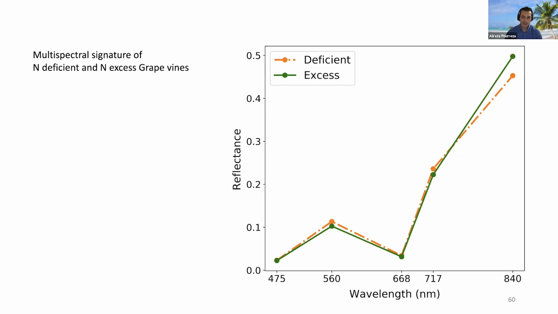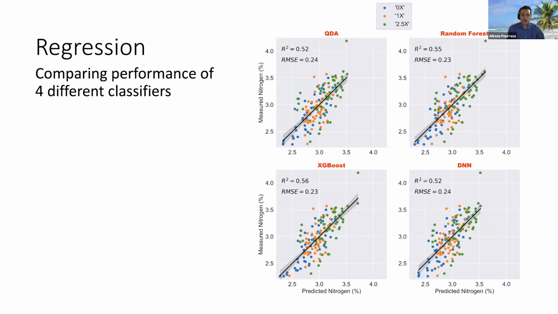So with deficiency, it appears lighter, and you can see that in the green. So we used 4 different classifiers to regress 5-band and predict the nitrogen. And here you can see the R-square for these 4 different classifiers. XGBoost performed the best with 0.56 R-square and 0.23 RMSE, which is pretty good.